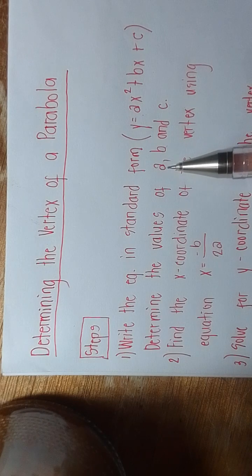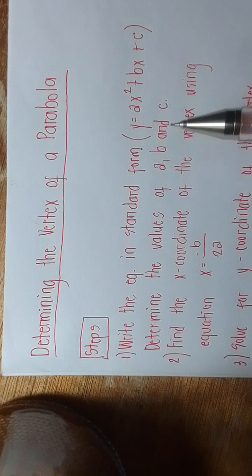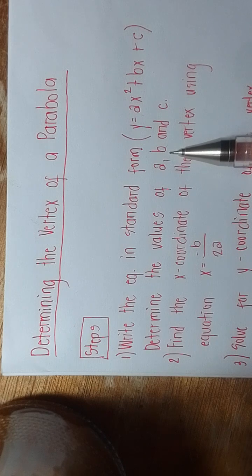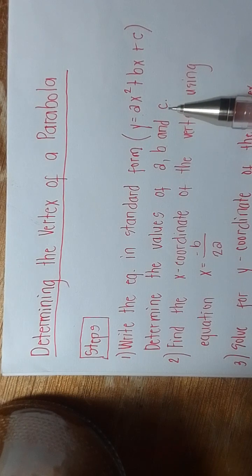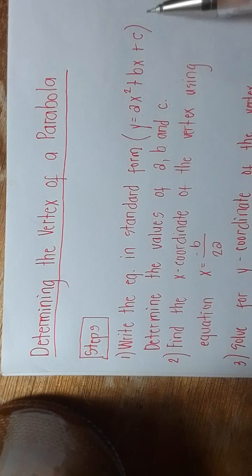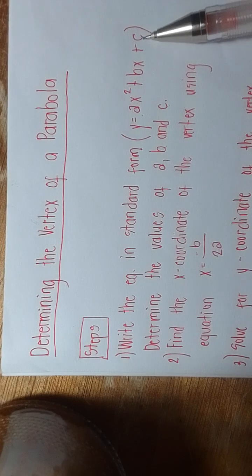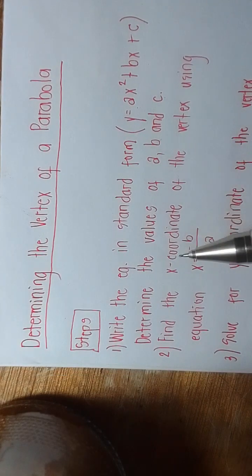This a is the coefficient of the variable with an exponent of 2. B is the coefficient of the variable x, or any variable with an imaginary power of 1. And C is for the last term, the constant, a term without a variable.